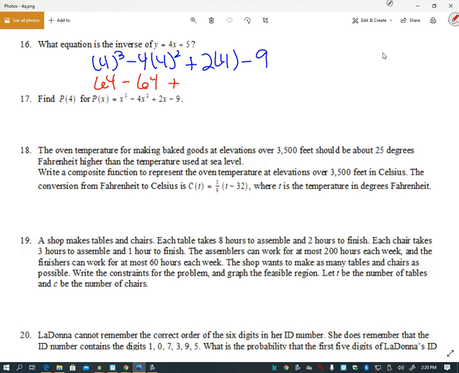And 2 times 4 is 8. Okay, so the 64's cancel out. I'm left with 8 minus 9, which is negative 1. Okay, looks like a hard question. It comes down to a really simple solution. Okay, so that's 17.